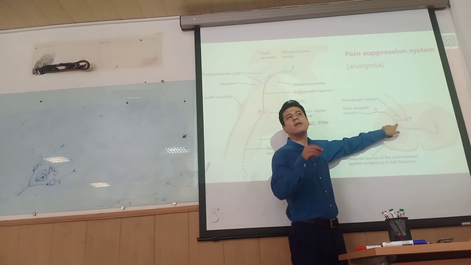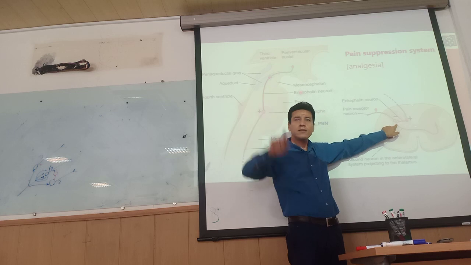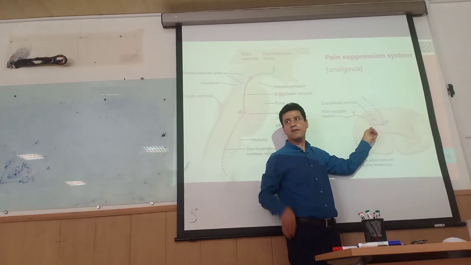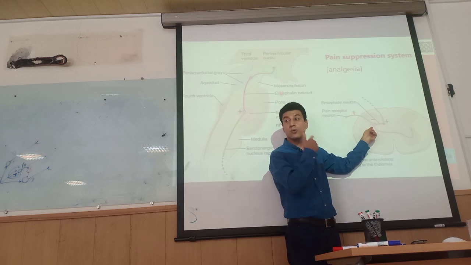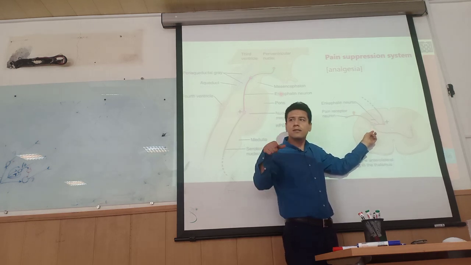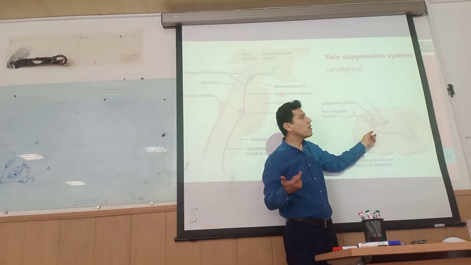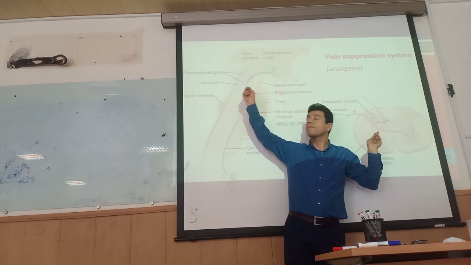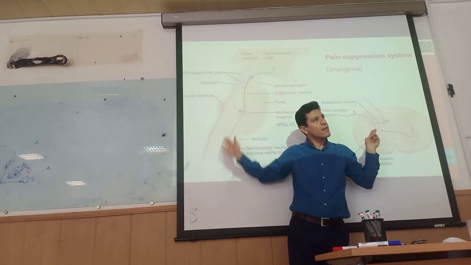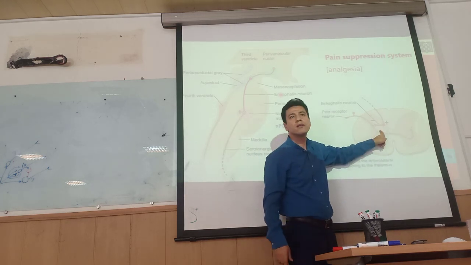And they activate some other neurons that cross the midline and go upward, right? This neuron. So we have a synapse here. I told you that the first synapse is in the spinal cord, dorsal horn. This synapse can be blocked by descending pathways. So pathways from periventricular zone and nucleus raphe magnus can block this synapse.